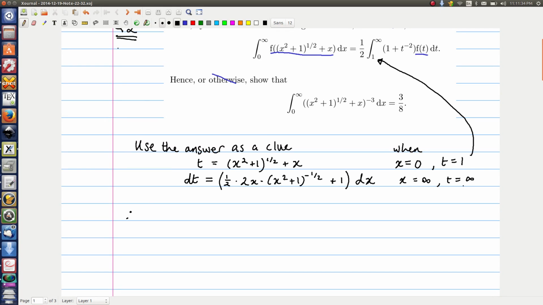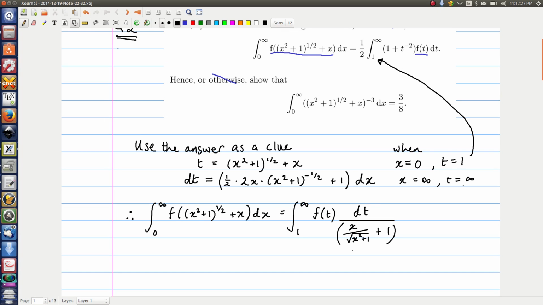So perhaps I can write: therefore the integral from 0 to infinity of f of (x squared plus 1)^(1/2) plus x dx is equal to the integral from 1 to infinity of, now we still have f of t, so t being exactly that thing, but dx is equal to dt over that complicated formula, which simplifies a little bit to x over root (x squared plus 1) plus 1. I think you'll agree with that.